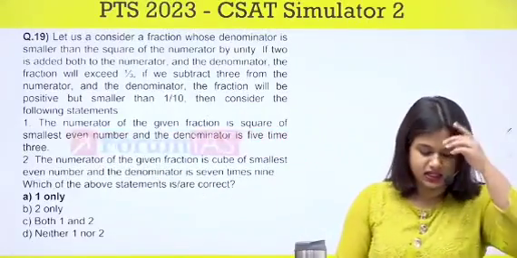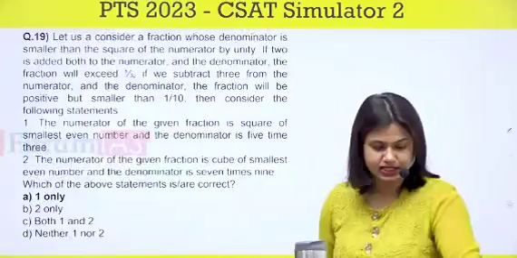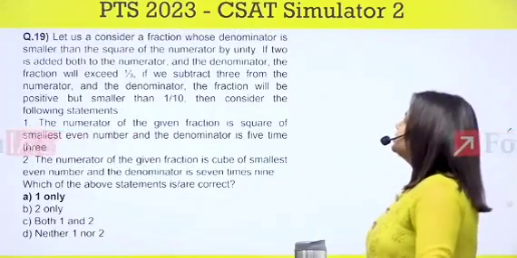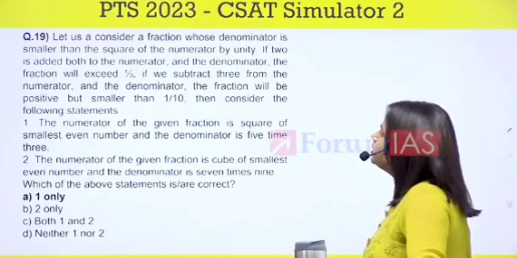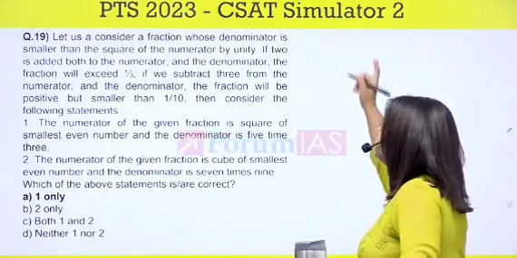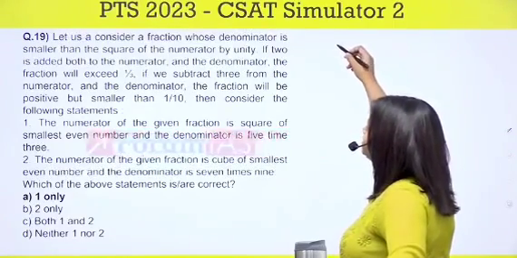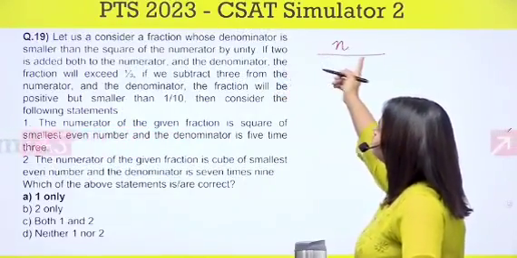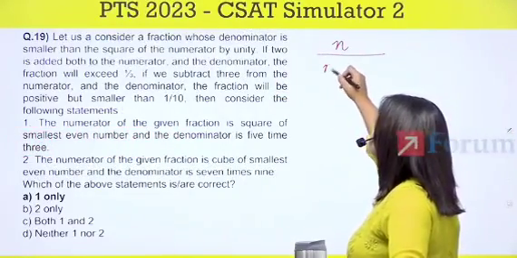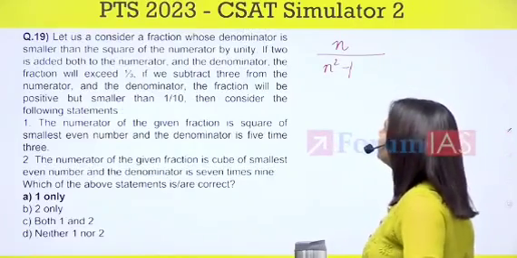Then question 19. Again, this also requires a separate skill set. See, let us consider a fraction whose denominator is smaller than the square of the numerator by unity. So what are they saying? If the numerator is n, then the denominator is smaller than the square of the numerator by unity. So n square minus 1. This is the fraction.